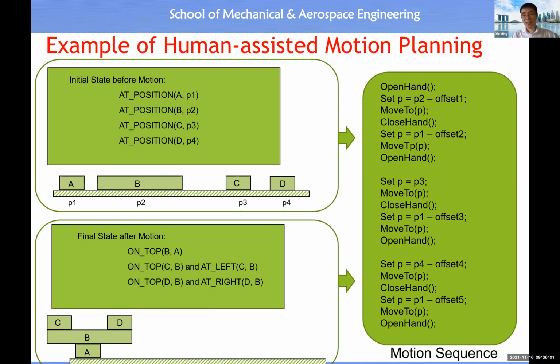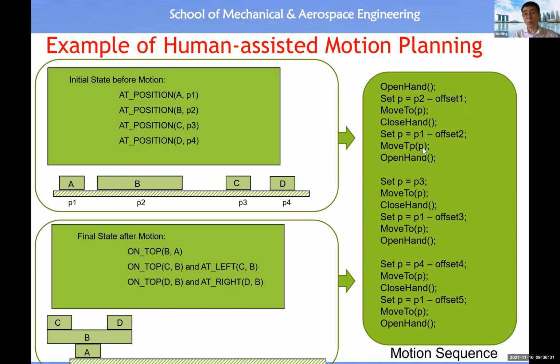information refers to motion sequence. For example, open the hand, and define a new position vector. The new position vector is the difference between these two vectors: position vector P2 minus the offset vector. Then move to this new position vector, close the hand, then change this position vector again, which is the difference between position vector P1 and this offset vector.